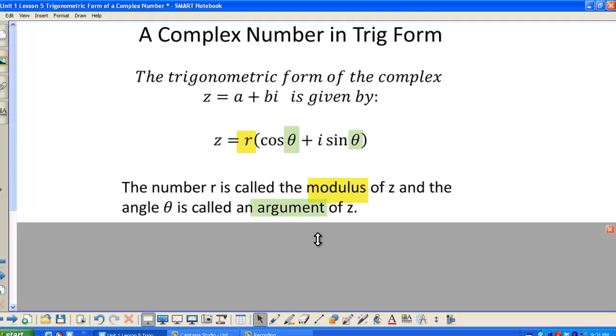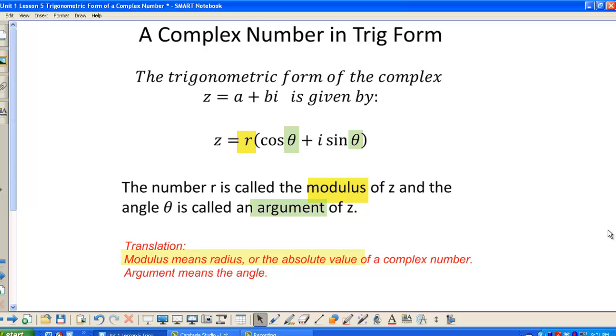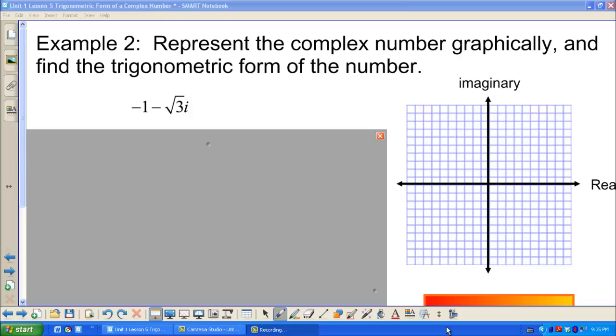So that is new vocabulary. Instead of saying r for radius, it's the modulus times the cosine of the argument plus i sine of the argument. So again, the vocabulary word modulus is referring to the radius or the absolute value of a complex number. The argument is referring to the angle.